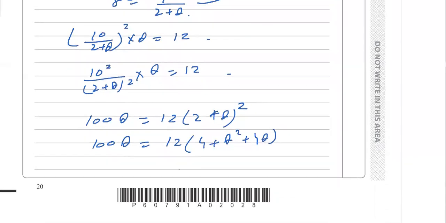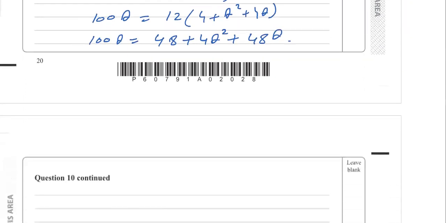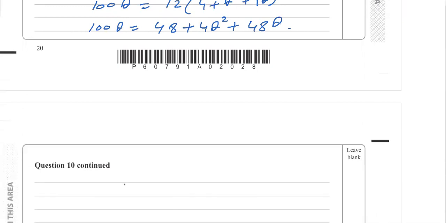And then from here, let's simplify it to get the required equation. So 100 theta will be equal to 48 plus 4 theta squared plus 48 theta. Bring this 100 theta also to this side, I can get 4 theta squared plus 48 theta minus 100 theta plus 48 equals 0.